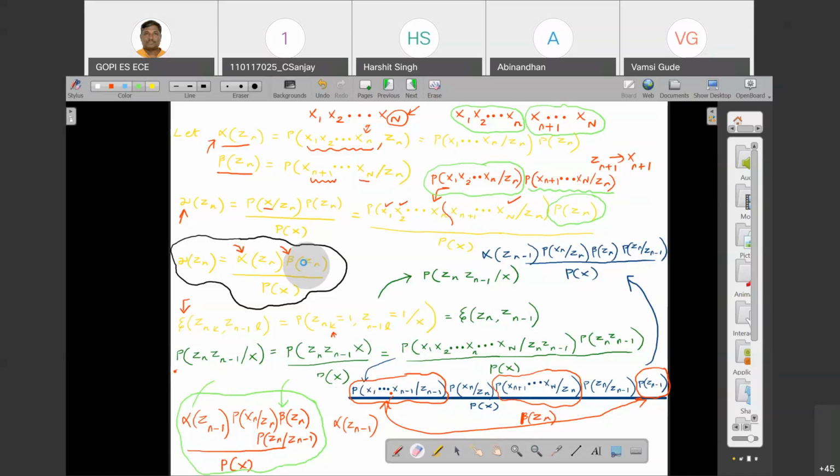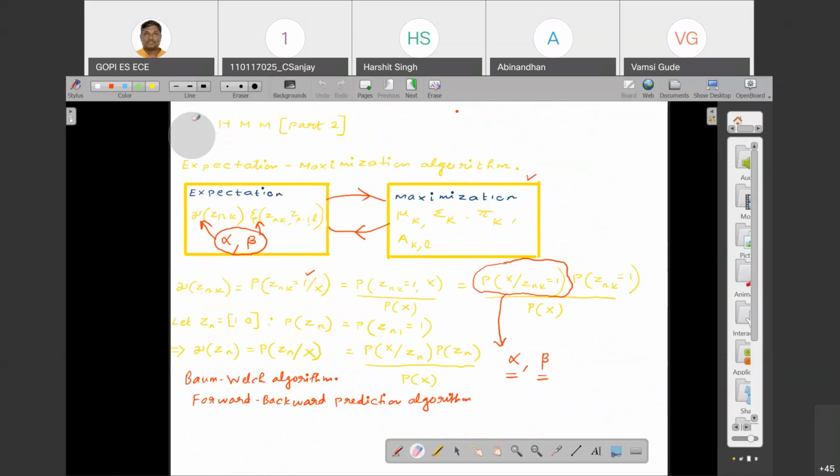You need alpha of Z1, alpha of Z2, up to alpha of Zn, and then beta of Z1, beta of Z2, and so on up to beta of Zn.